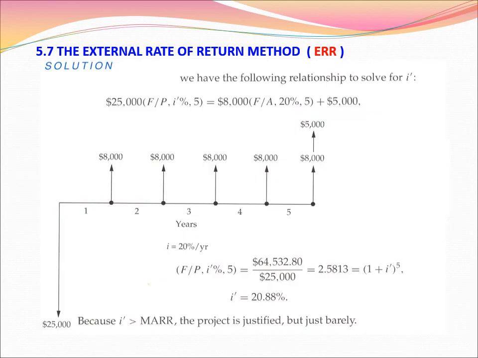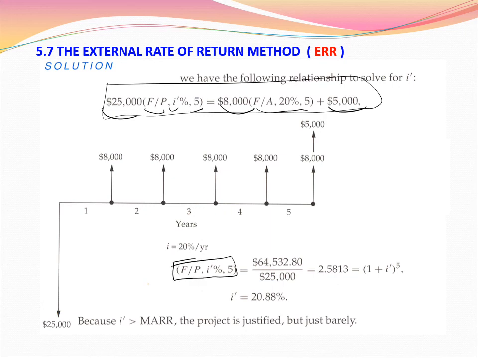So we can solve it. This 25,000 F given P i' percent 5 is equal to 8,000 F given A 20% 5, plus 5,000. This is the equation that we have written. And from here we find this factor to be equal to this much. And if you use this formula, from here we find that the external rate of return for this project is 20.88%.